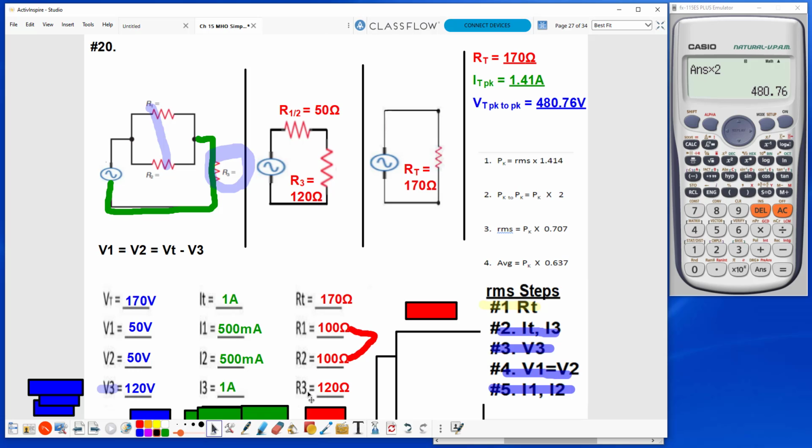So then we had I3 and R3, we could find V3. Our next step was to find V1 and V2 by subtracting V3 from VT, and that gave us the value of both V1 and V2. Then we could find I1 using Ohm's law, V1 divided by R1. We could find I2 using Ohm's law, V2 divided by R2, and then we just plugged in the appropriate AC formula to find our AC value.